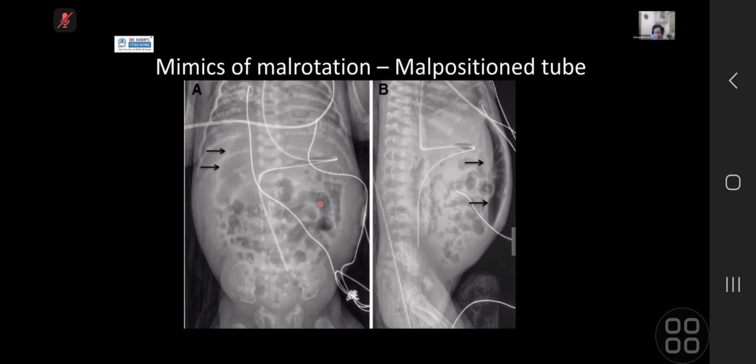Ultrasound is often quite helpful to exclude other causes for the appearance. In my practice, I often do an upper GI contrast study. If it's abnormal, showing a malrotation, I often just put an ultrasound probe on to have a look as well. But everyone's a bit different.